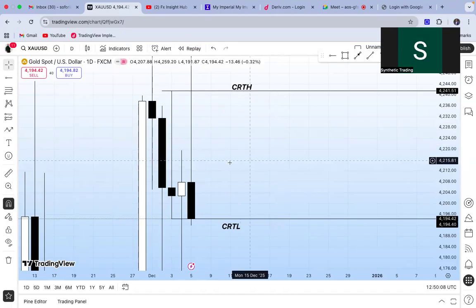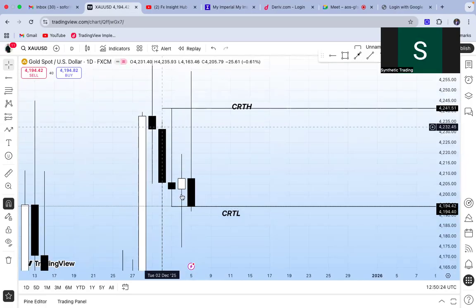So Thursday's candle swept the low of Wednesday's candle. Okay, so the second condition has been met. First of all, we were able to identify the range. Then the second is to wait for the market to sweep either the low or the high of that range. And we had it happening here.